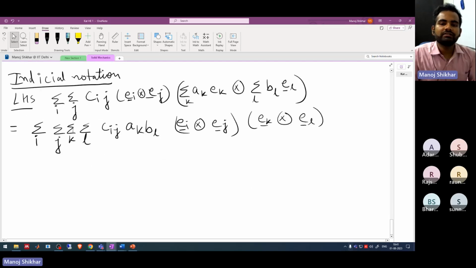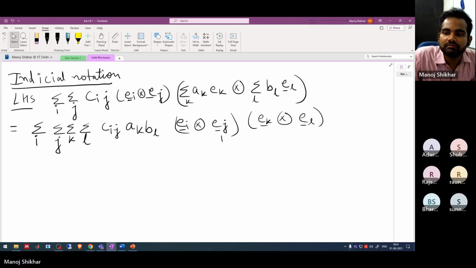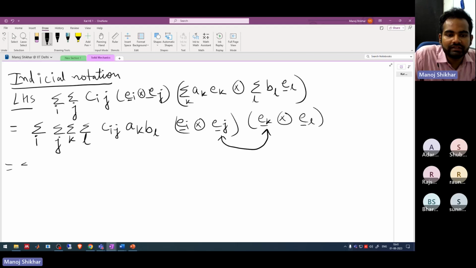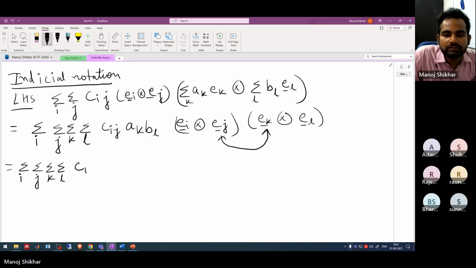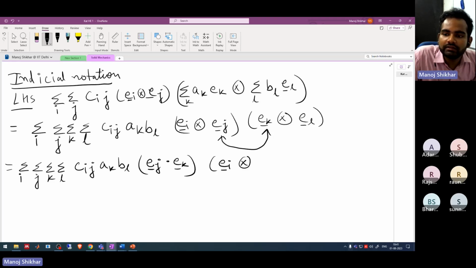What do you think? Which two indices will be coalesced here? These two. So we will get I, J, K, L, Cij, Ak, Bl, Ej dot Ek, and we will have Ei dyadic El.